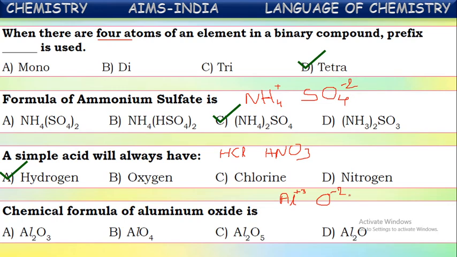There is no common factor, so we skip to the third step. By eliminating the symbols, we crisscross these numbers. This 2 is written here, this 3 is written here. Now it becomes Al2O3. So the chemical formula of aluminium oxide is Al2O3.